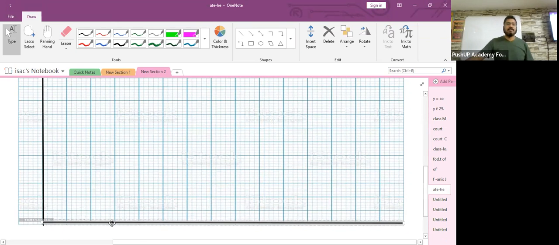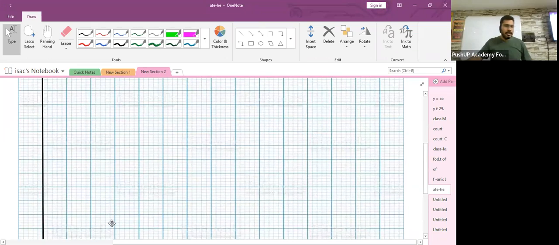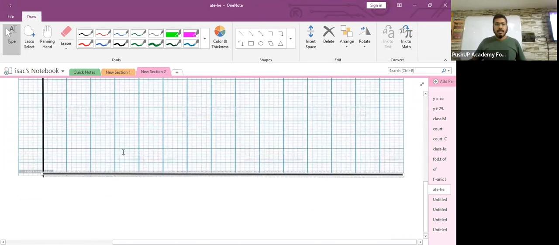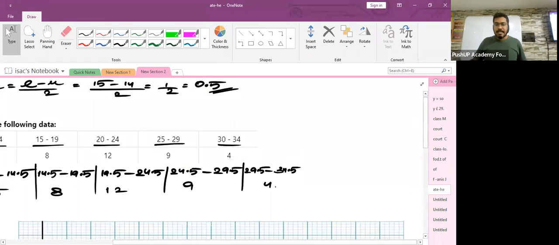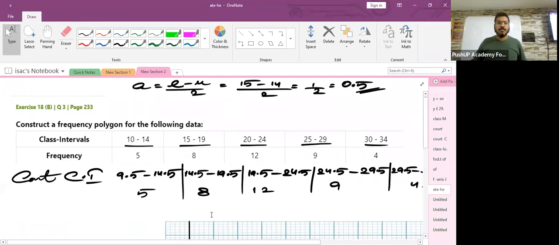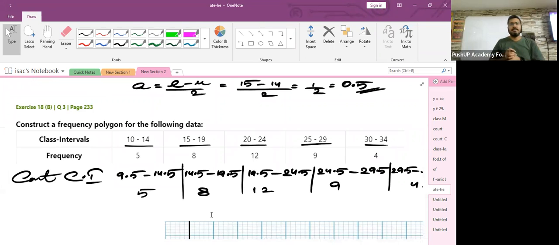Now, children, we have to represent the class intervals on the X-axis as usual. No change in that. So 9.5 to 14.5, 14.5 to 19.5, it should go on like that. Right?